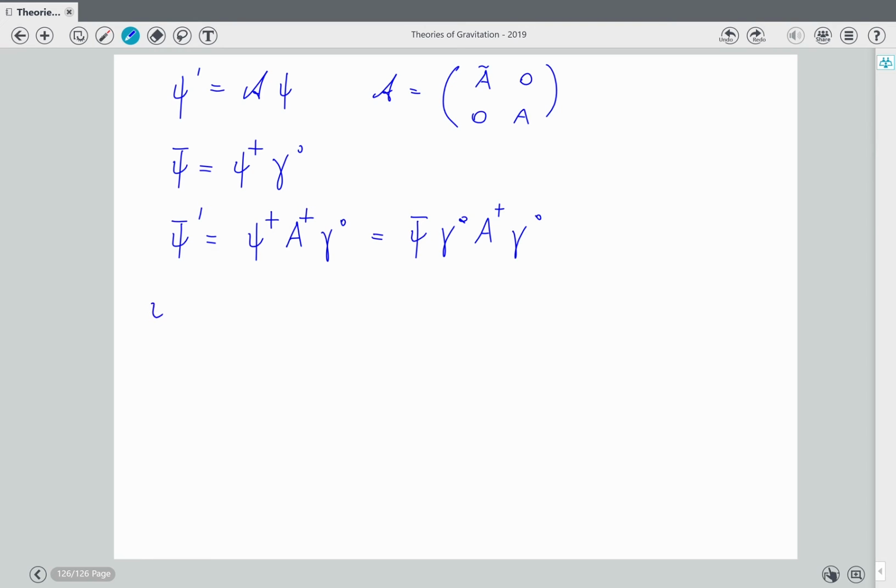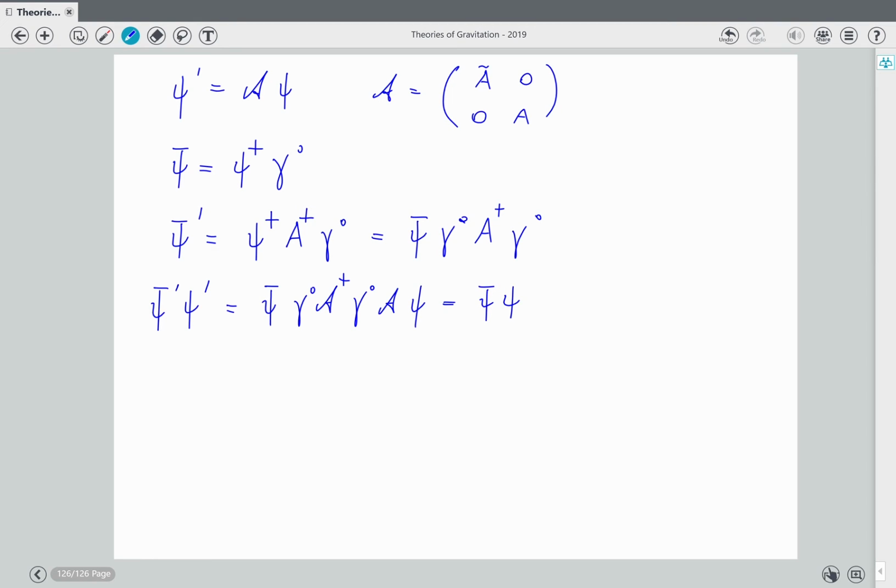So, you know that the mass term is invariant. So if we want this to be invariant, let's see what we need to require. Psi bar psi prime should be equal to psi bar psi.